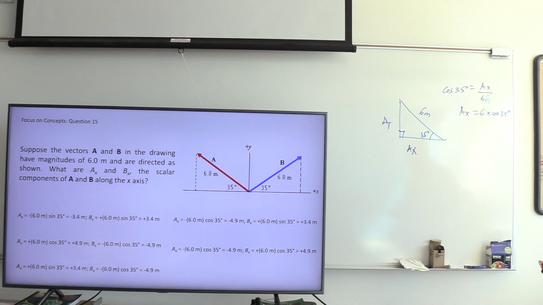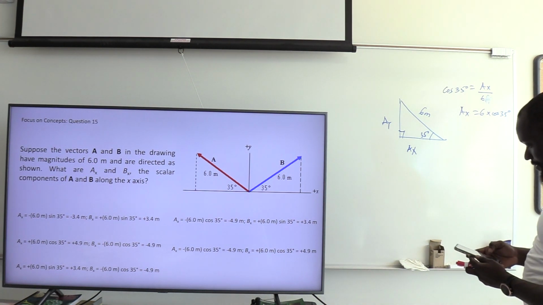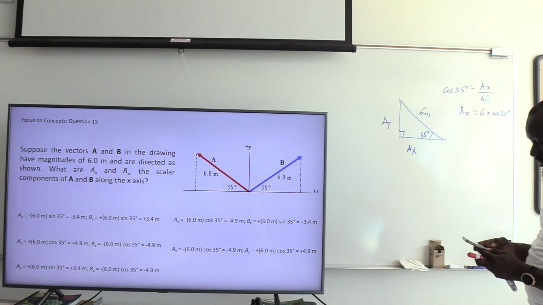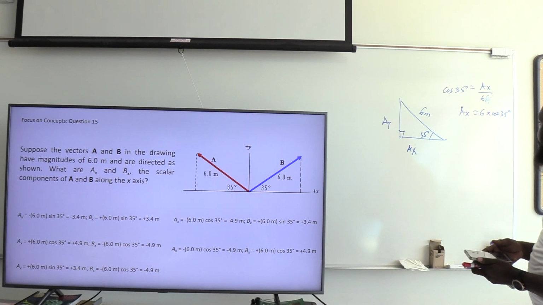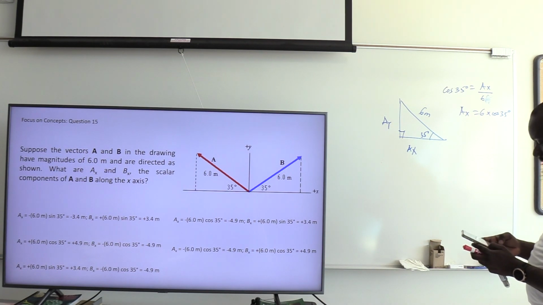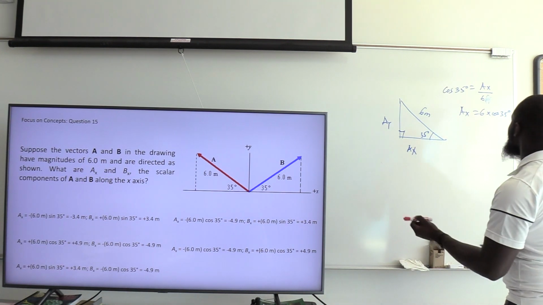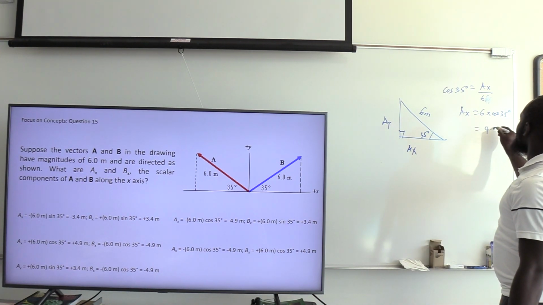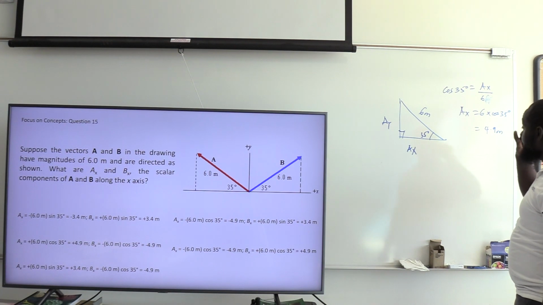So you find cosine 35 degrees. Make sure your calculator is in degrees, not in radians or any other thing. Cosine 35 degrees will give you 0.8191, then times 6, 4.915, so just 4.9. So 4.9 meters is AX.